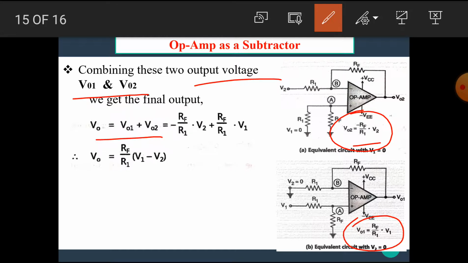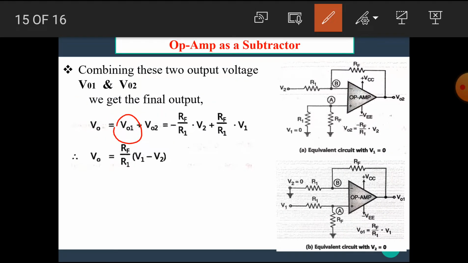That means the value of V01 is RF upon R1 into V1, and the value of V02 is minus RF upon R1 into V2.